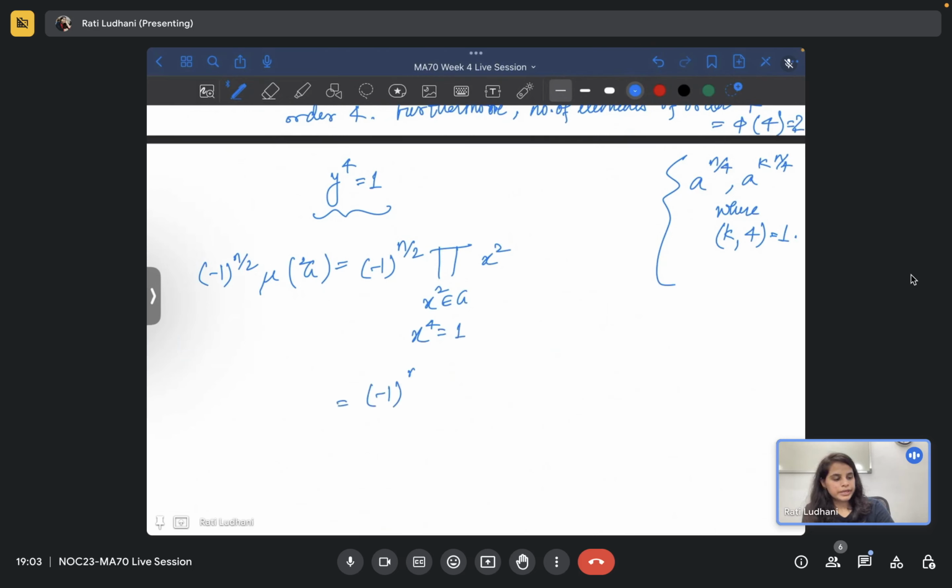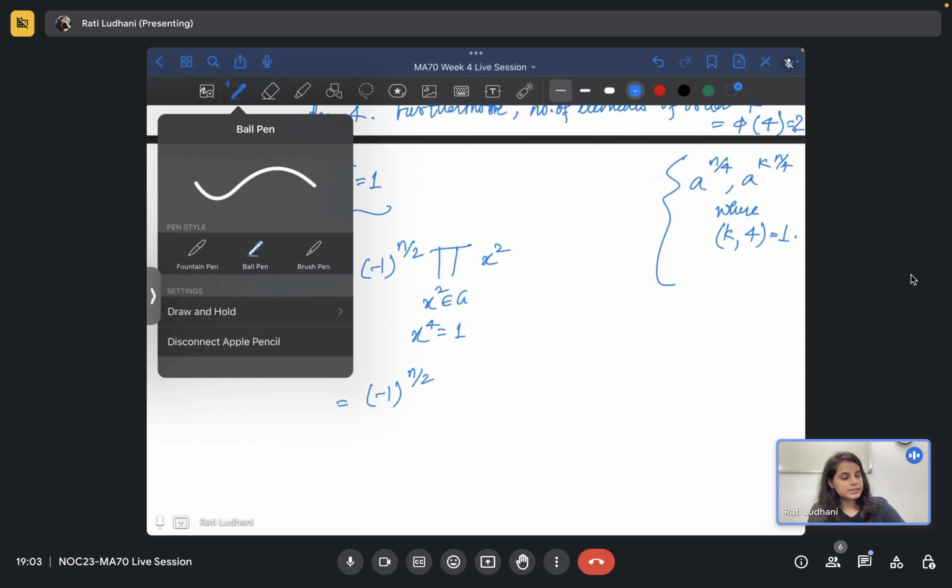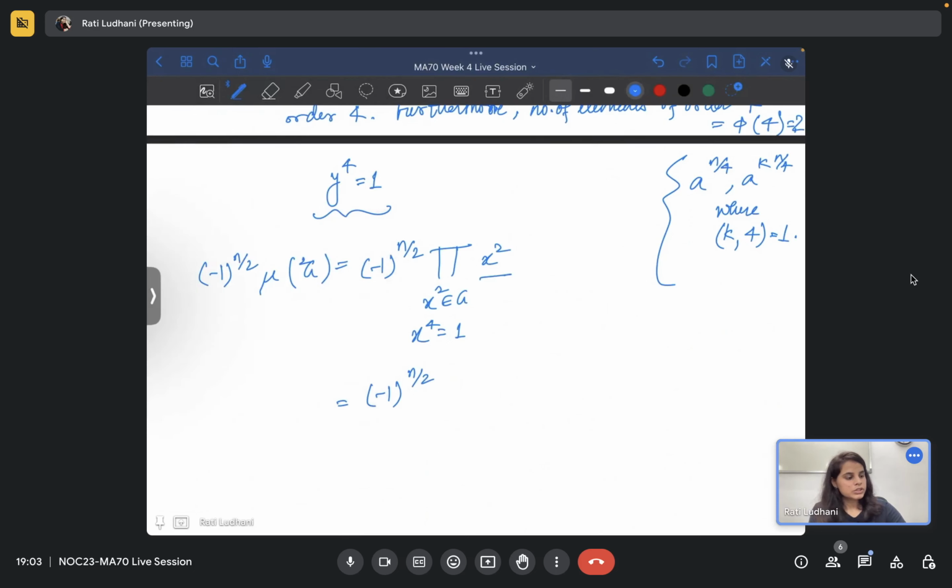Now if 4 divides n, that means you have all 4 elements here. Okay, all the 4 elements are there, so the product will be what? 1. One more thing, we are talking about this set square. As we did, 1, minus 1, iota, minus iota will be this set, but anyway 1, minus 1, and you will have what?